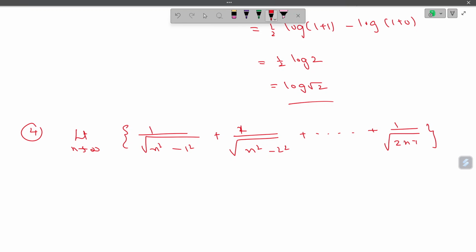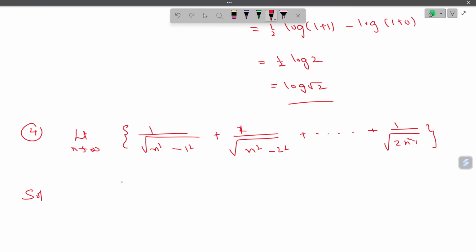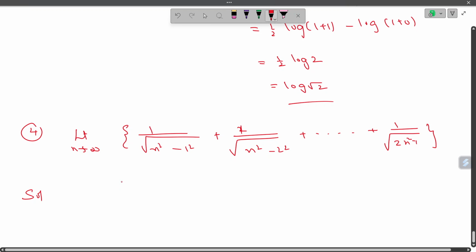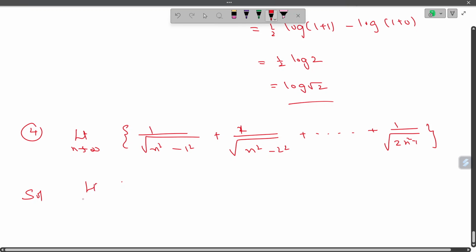N square minus n square becomes 0. Okay, limit n tends to infinity summation r equal to 1 to n minus 1 of 1 by n square minus r square.